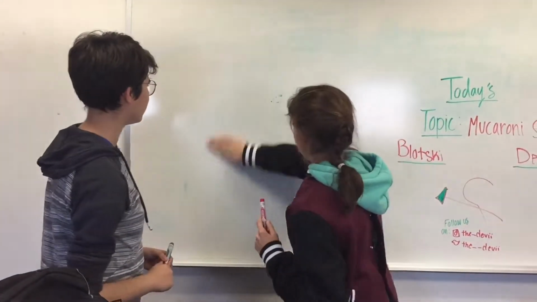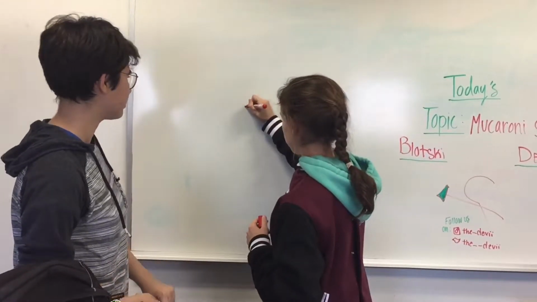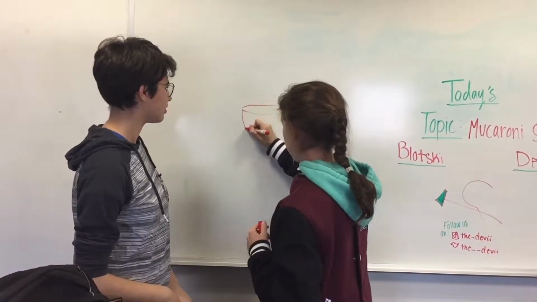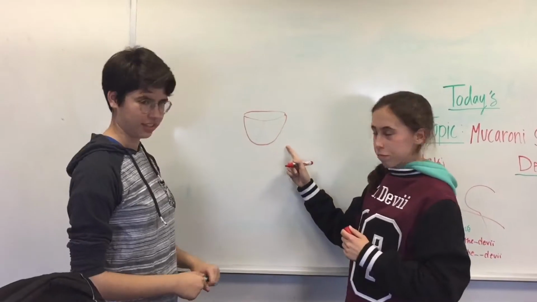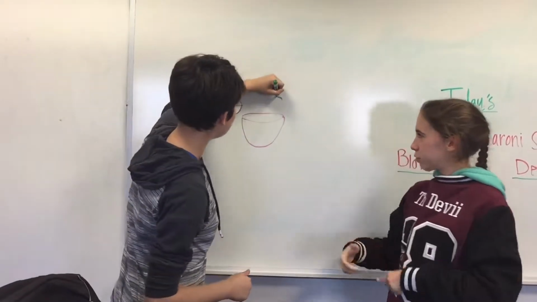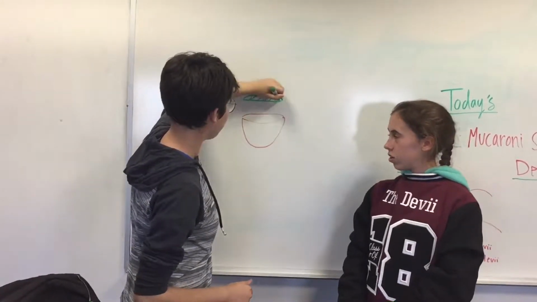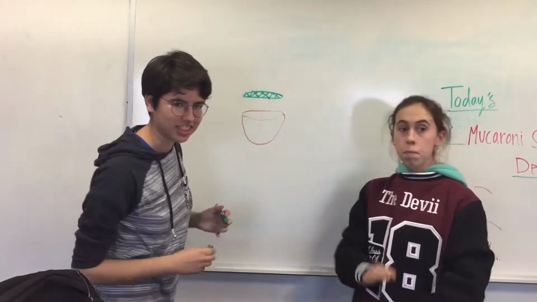Let's show you again. You know how we said it's the bowl. So here is your bowl Earth. Now on top of the bowl, there's a strainer with many, many little holes inside of it.